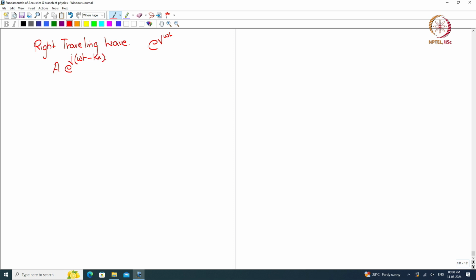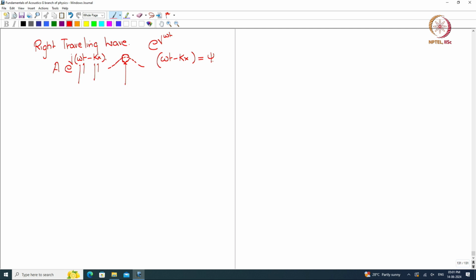Here t and x are such that I am tracking this particular portion of the wave. Omega and k are of course given and related. This part, omega t minus kx, is the phase. For a particular value, it gives me this peak location.